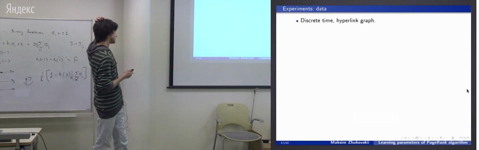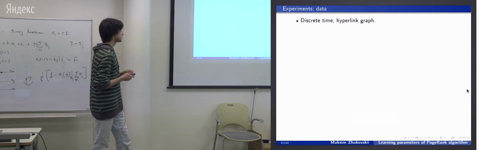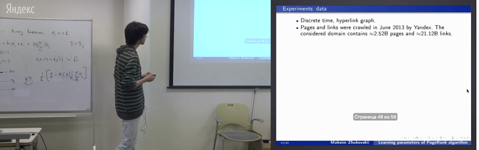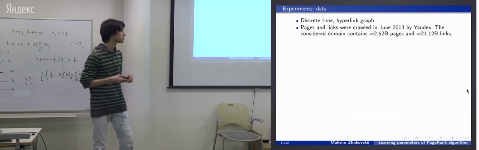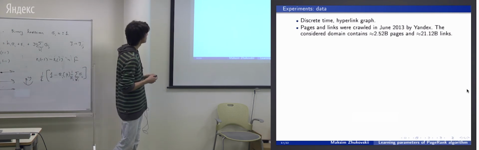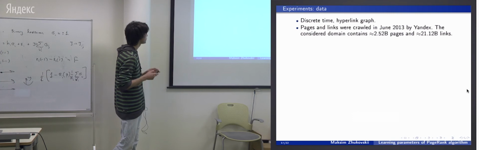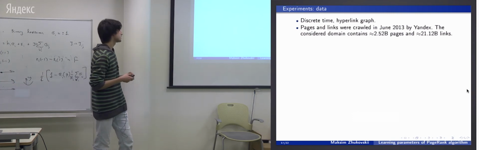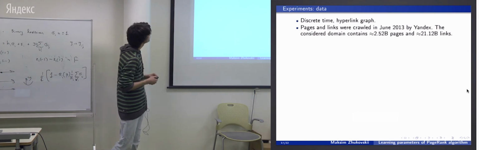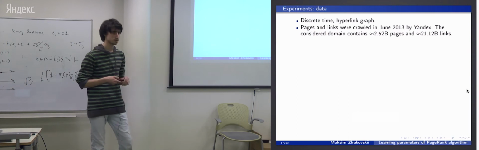And now I'm going to tell about the experiment. So we consider discrete time Markov process and the hyperlink graph, which was crawled in Yandex in June 2013. And this graph, so we consider a domain that contains approximately 2.52 billions of pages and 21.12 billions of links.